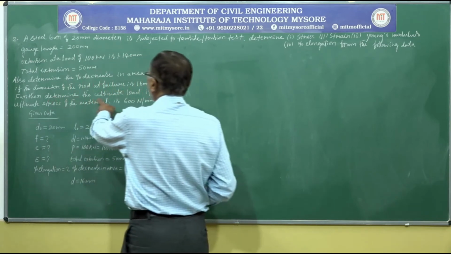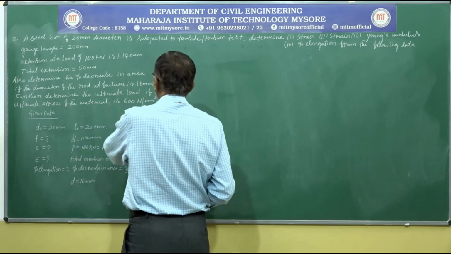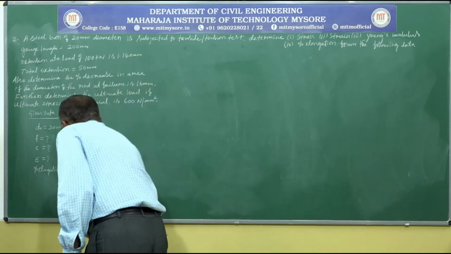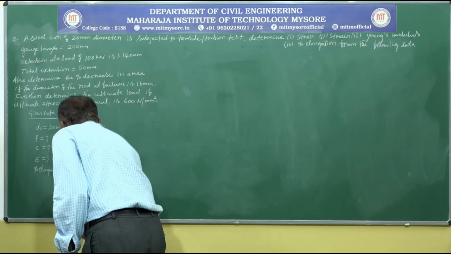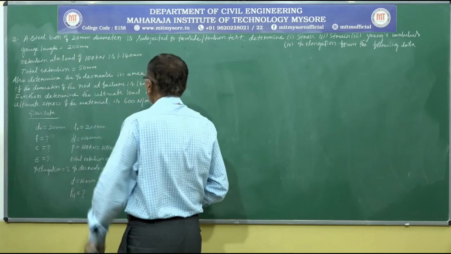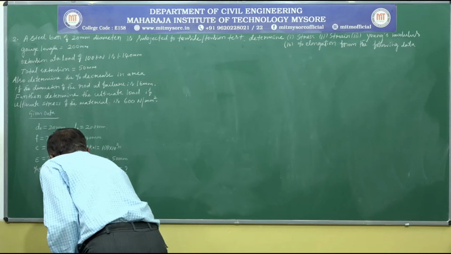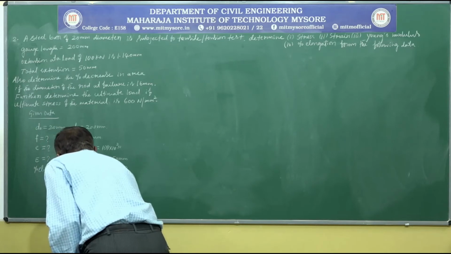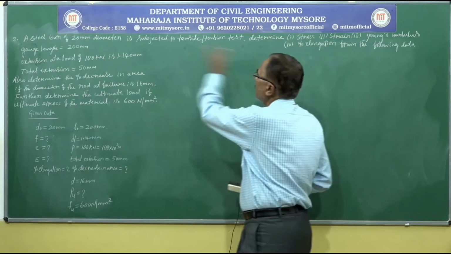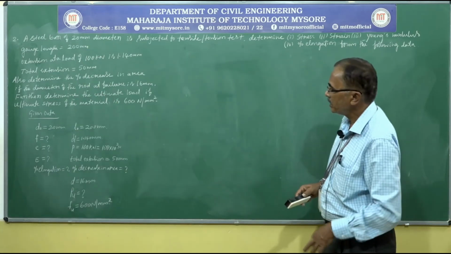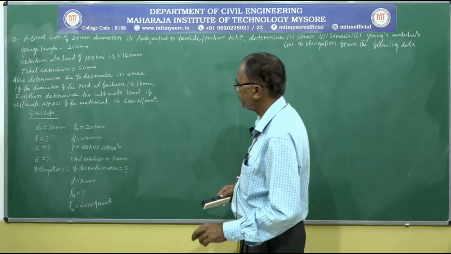Further, determine the ultimate load if the ultimate stress of the material is 600 Newton per millimeter square. Ultimate load, let us designate it as PU, is equal to question mark, and the ultimate stress of the material FU is equal to 600 Newton per millimeter square. We have written the given data stated in the problem so that it is convenient for calculation purposes.